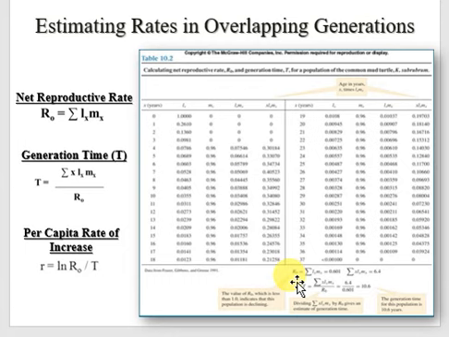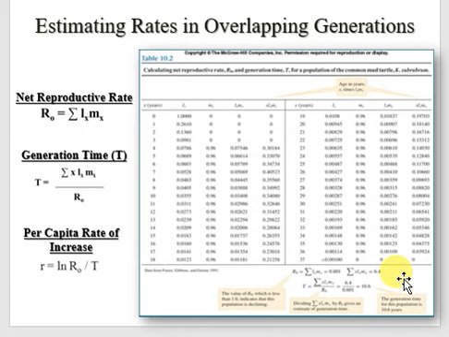So net reproductive rate, again, is going to be the sum of your lx times mx, or those product values across all age groups. And for our little turtle friends, that gives us a value of about 0.601.